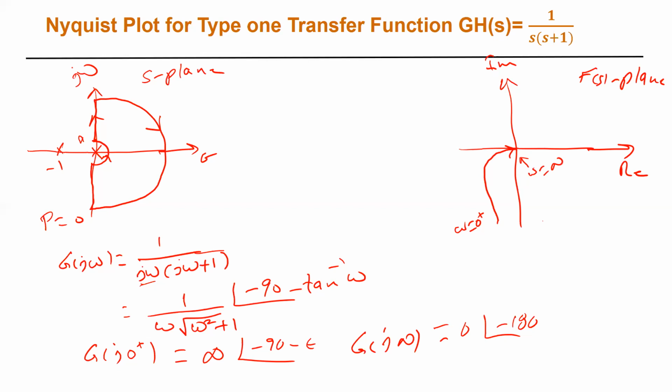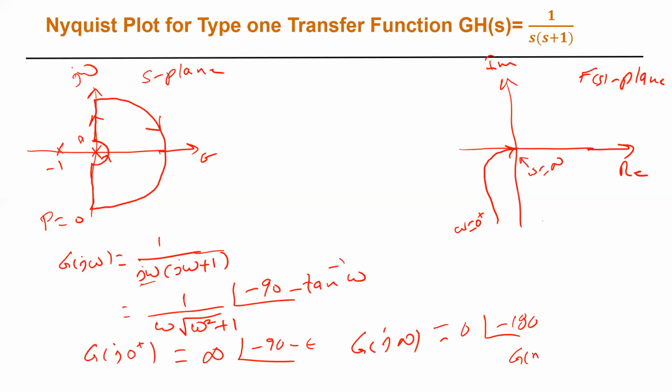Yes, Doctor. But I have a problem when connecting the two points; I don't know how to choose the path exactly. Look, if you have any problem, take any point in between. Suppose omega equals 1. If omega equals 1, what do we have?